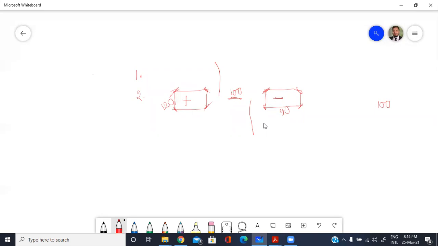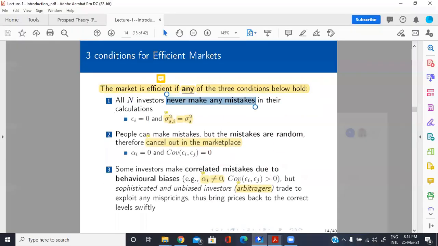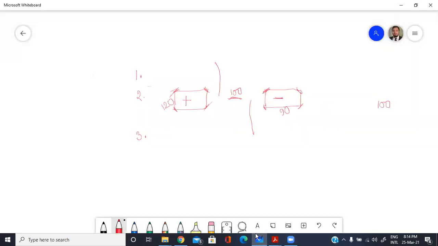If neither of them is dominant, it is supposed to be near 100, right? Okay, because some are making positive mistakes and some are making negative mistakes. Now, if this condition is fulfilled, the market will remain efficient.